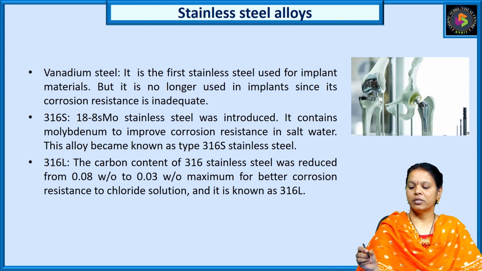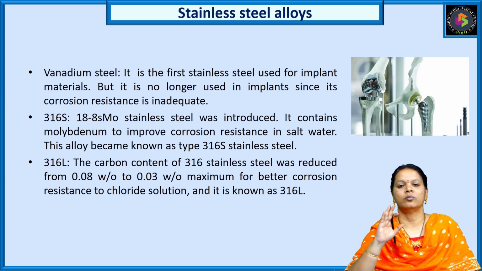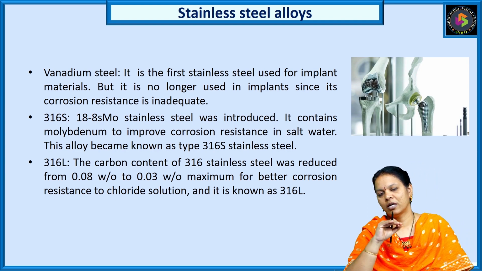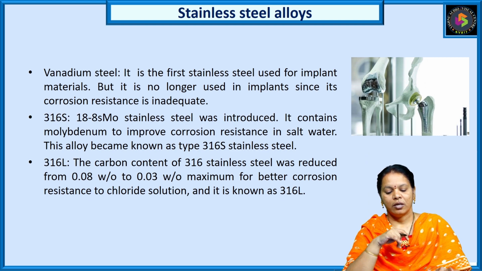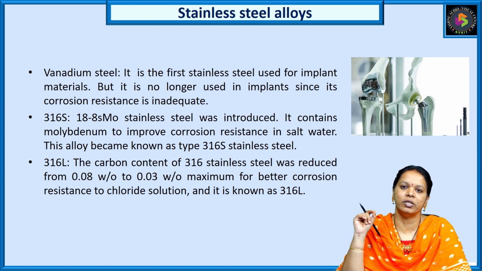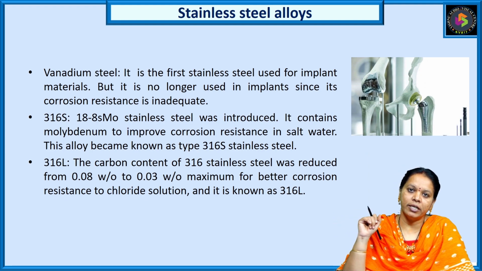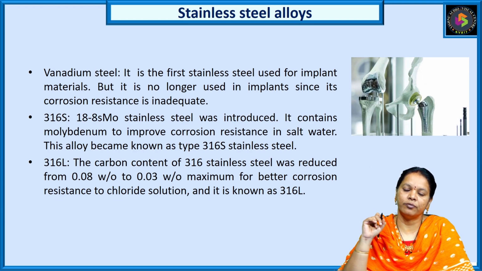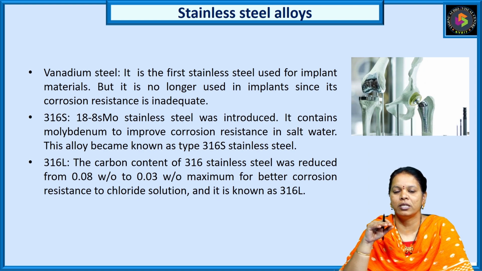Coming to the stainless steel alloys, three types of stainless steels are used. Vanadium steel, the first one, was mechanically strong and highly useful in orthopedic implants, but it suffered from inadequate corrosion resistance, so it used to get easily corroded.